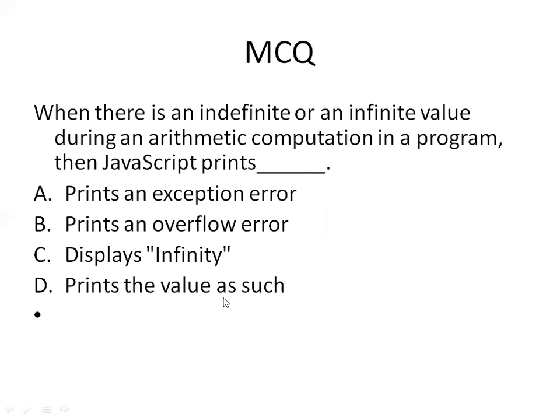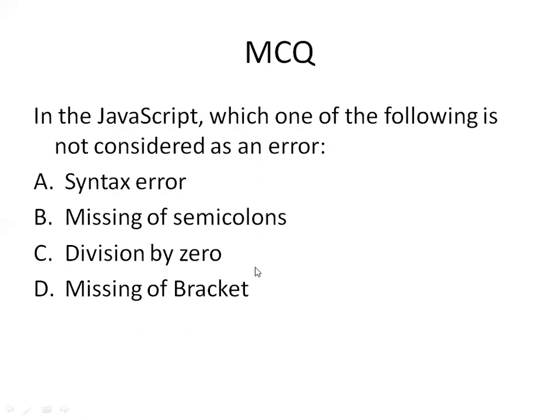Option D, prints the value as such. As we all know, definitely it prints the infinity message. Therefore, option C is the correct answer, because JavaScript never treats infinity as an error.